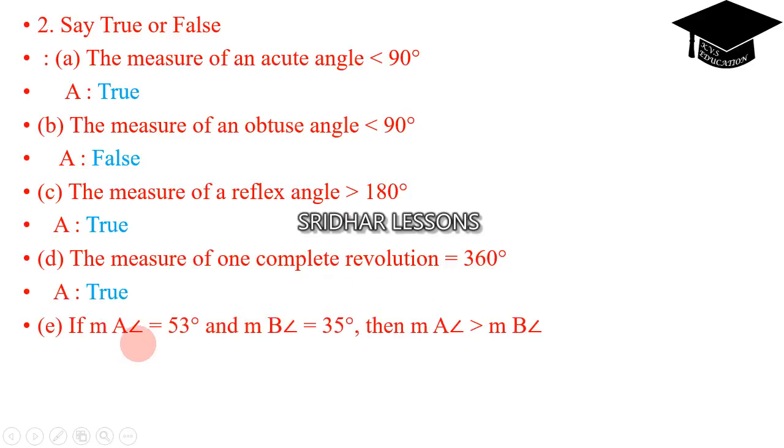If the measure of angle A is equal to 53 degrees and the measure of angle B is 35 degrees, is this true or false? The measure of angle A and the measure of angle B are not equal.